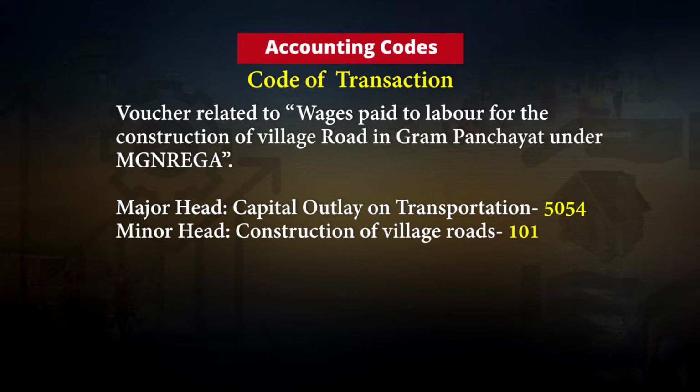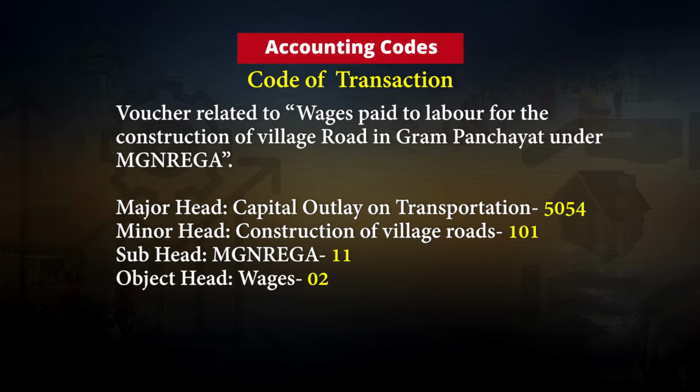Minor head, construction of village roads, 101. Subhead, MGNREGA, 11. Object head, wages, 02. In the code of the transaction, 5054 comes under major head, 101 comes under minor head, 11 comes under subhead, 02 comes under object head.